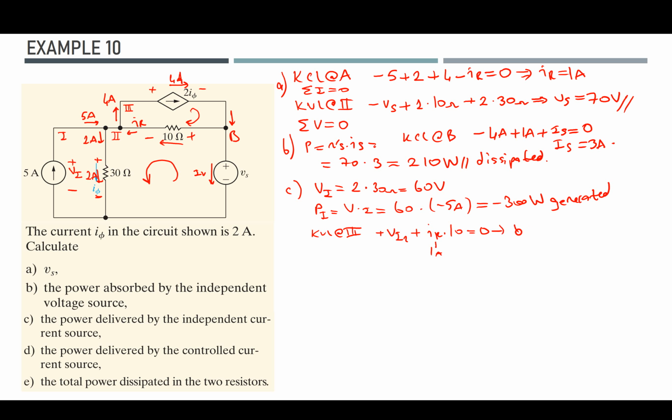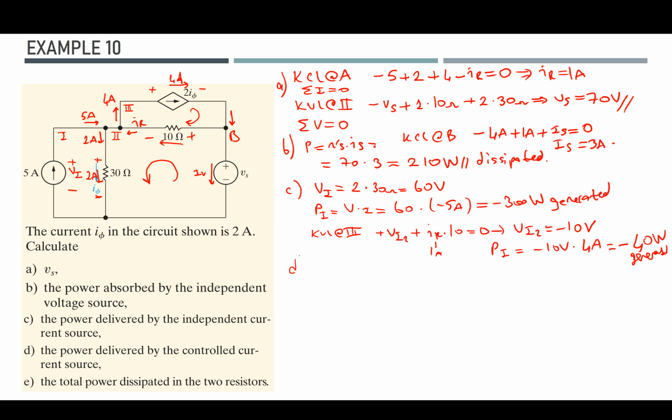And from here VI2 should be equal to minus 10 volts, and from here I can calculate the PI as minus 10 volts times 4 amps, which would give me minus 40 watts. Again, this is generated because the voltage and the current are opposing each other, which means it's generating.